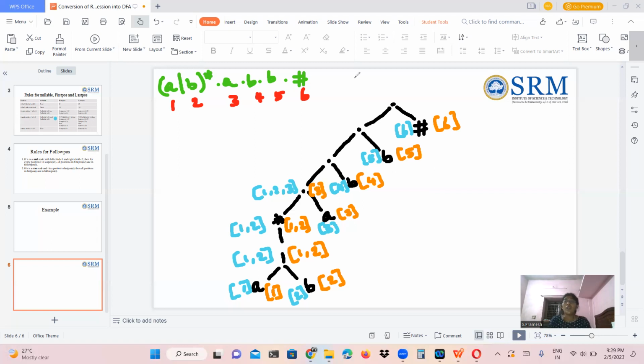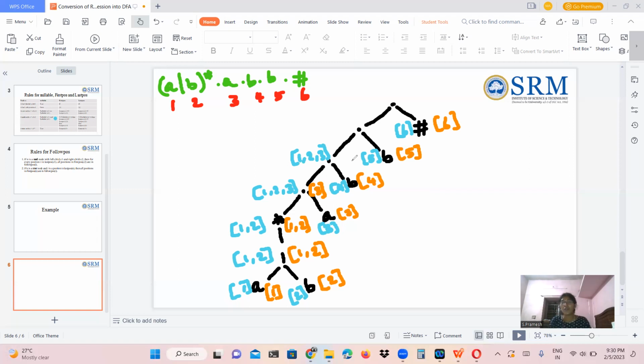Okay, the next node is this concatenation. The left child is not nullable, right? If it is not nullable, you have to consider only the first position of the left child alone. So the first position value is 1, 2, 3 alone. The right child is also not nullable, we have a value.